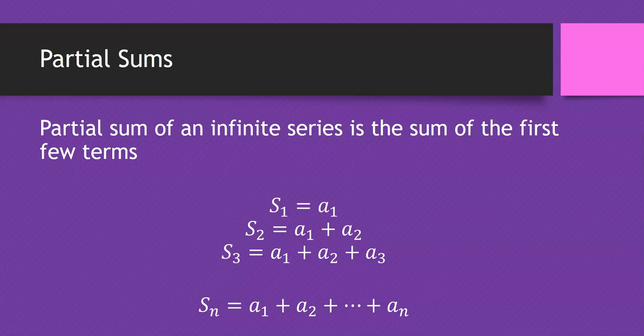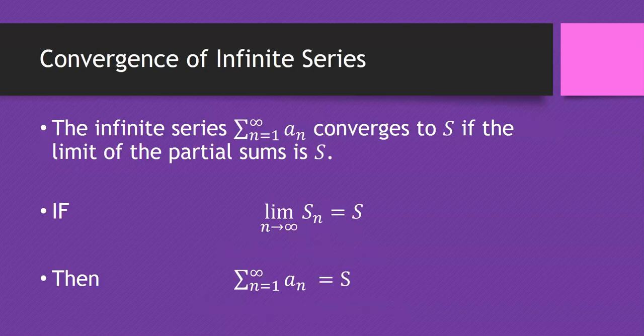What we can do is get a pattern with these partial sums. If we can see a pattern in the partial sums, maybe we can take the limit of those partial sums and see if in fact we get a real number. That's really what convergence of an infinite series means.